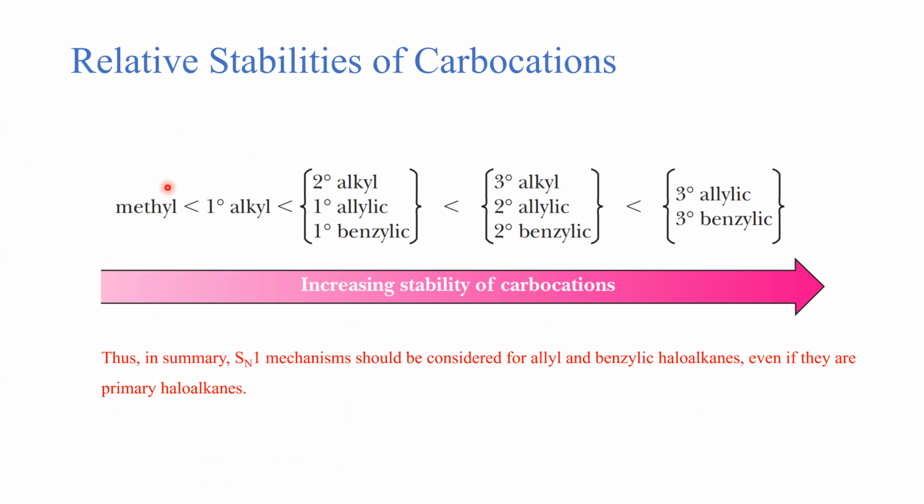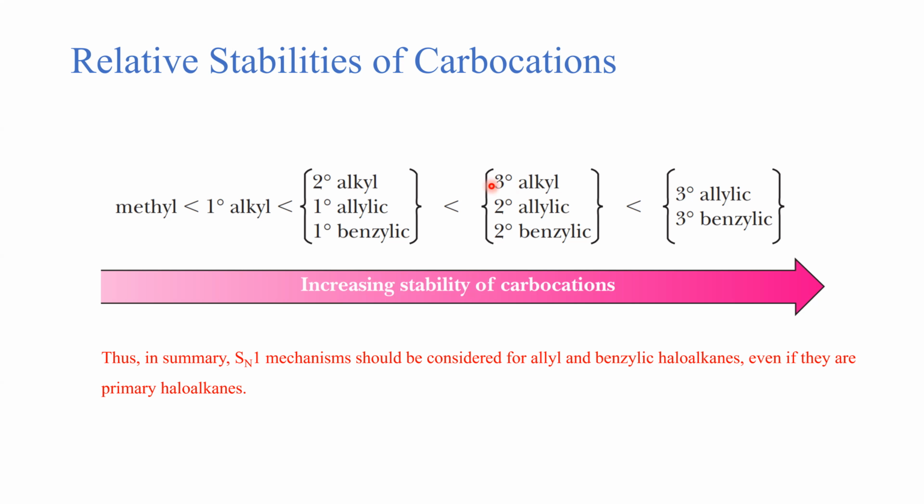The least stable, which are rarely formed, is the methyl, then the primary alkyl, then the secondary alkyl, primary allylic, and primary benzylic. So you just have to keep in mind that the secondary alkyl carbocation is comparable in stability to the primary allyl and the primary benzyl cation, right?